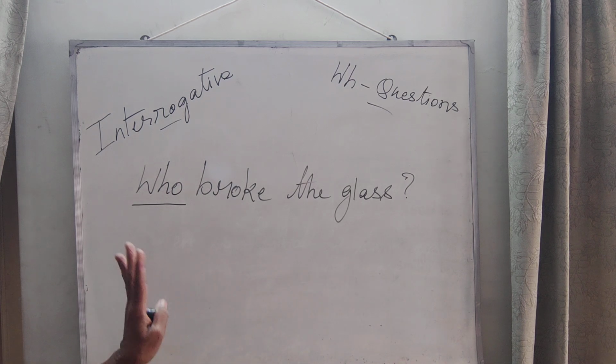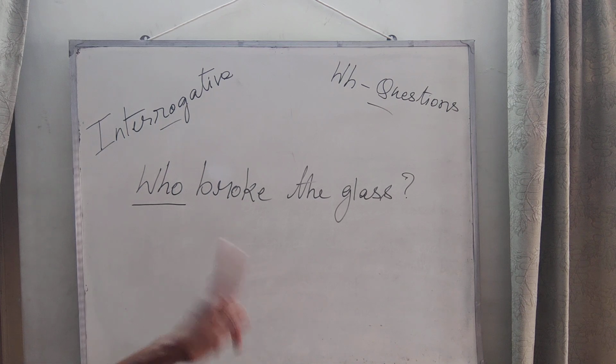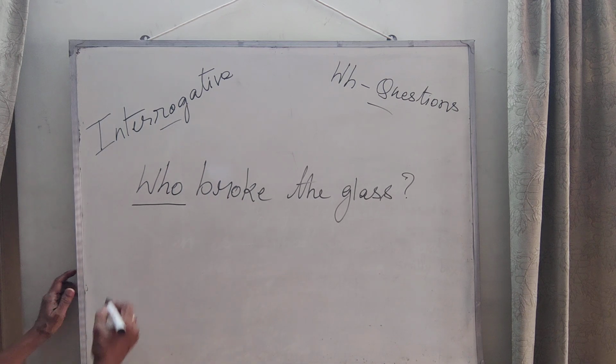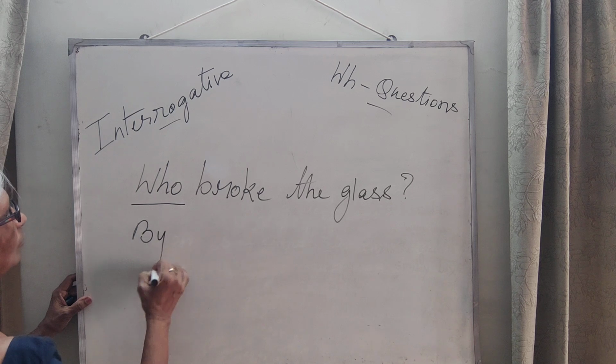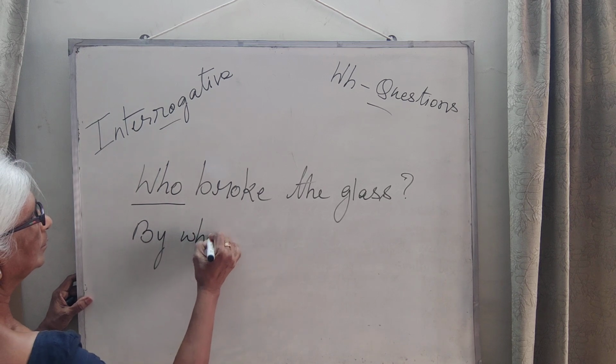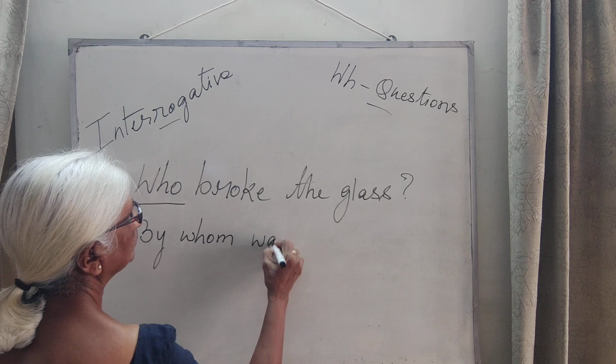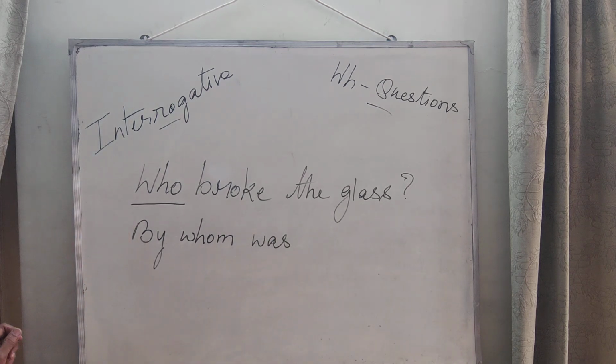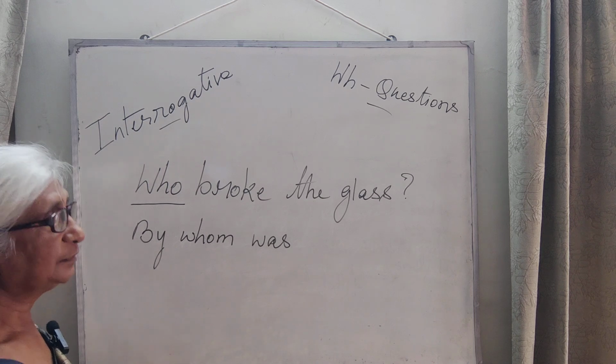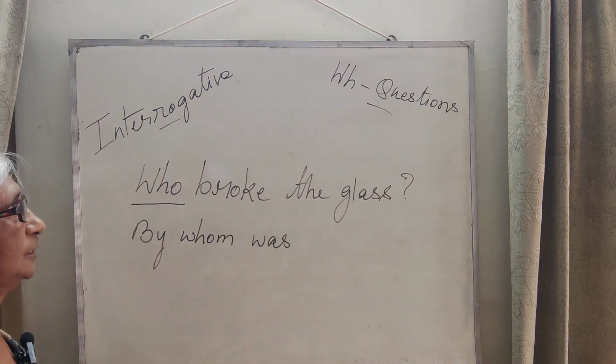Some use by later on, but no, that is wrong. We have to begin with by whom. কার দ্বারা, we say কে গ্লাসটা ভেঙেছে, সেটা কার দ্বারা গ্লাসটা ভাঙা হয়েছে। All right, then we have by whom was. Why does was come before the object? Because that is the pattern of a question.